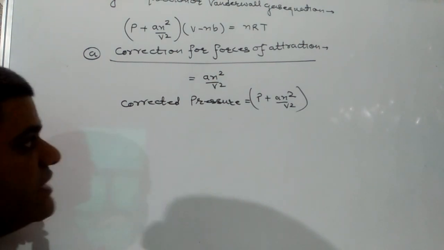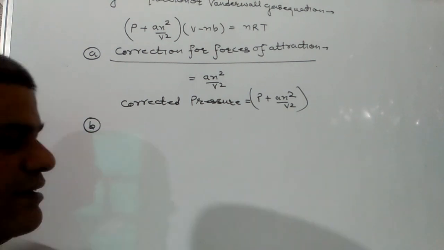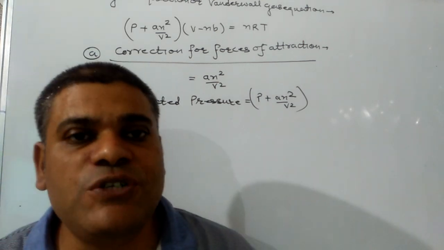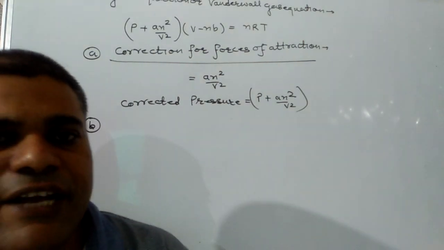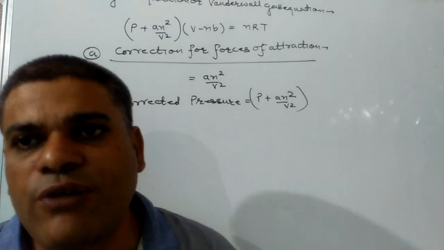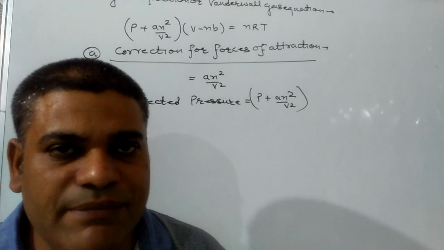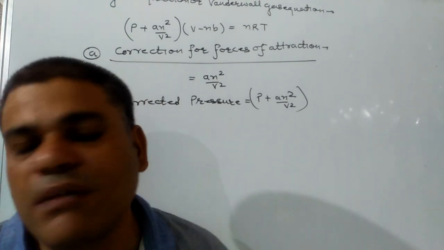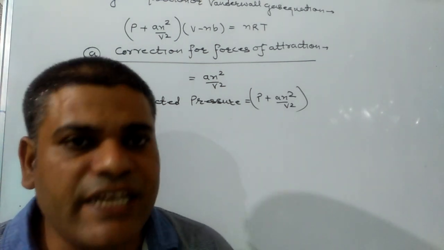I will discuss its significance and unit. The second correction was that the volume of each molecule in comparison to total volume is also significant. According to the kinetic theory of gases, the volume of each molecule is supposed to be negligible, but actually, if we suppose the molecule is spherical, it should have some significant value.